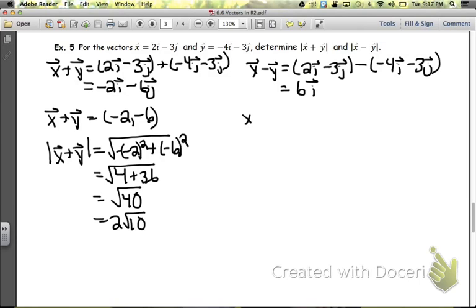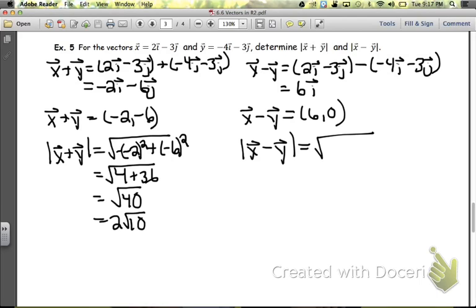So therefore, by components, I know that x minus y is just equal to (6, 0). And then to find the magnitude of x minus y, we just take the square root of 6 squared plus 0 squared, which would be equal to the square root of 36, which is just equal to 6 units.